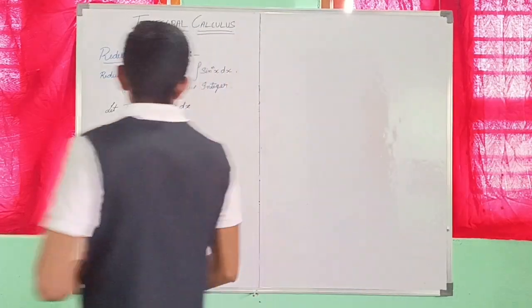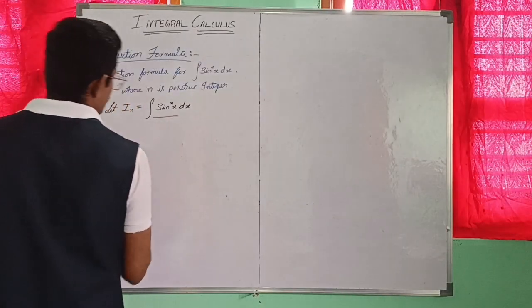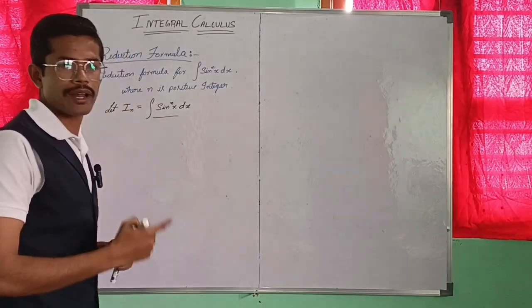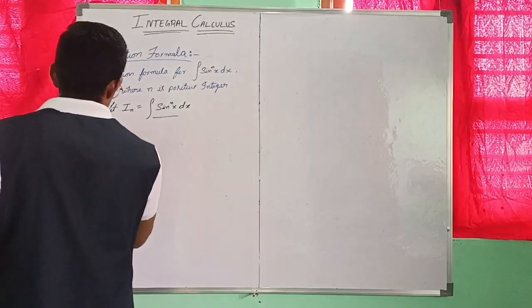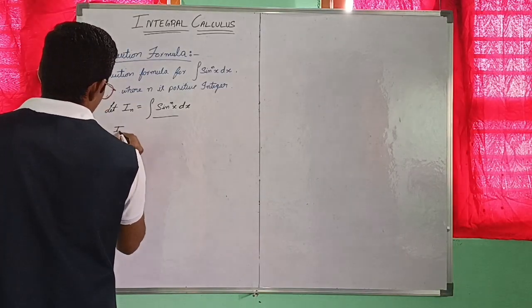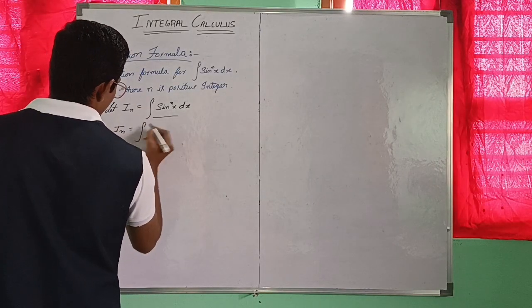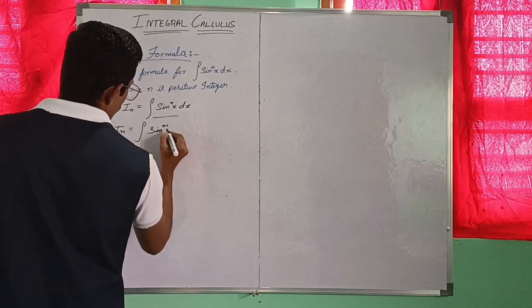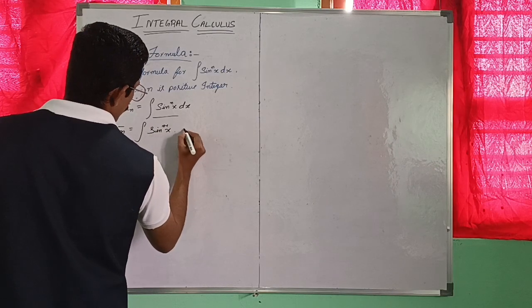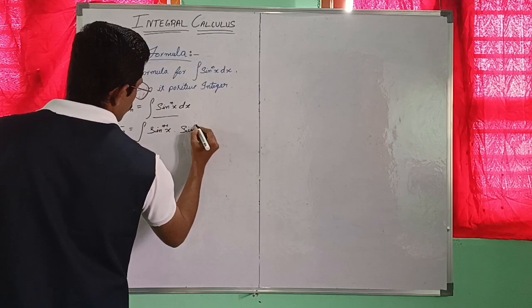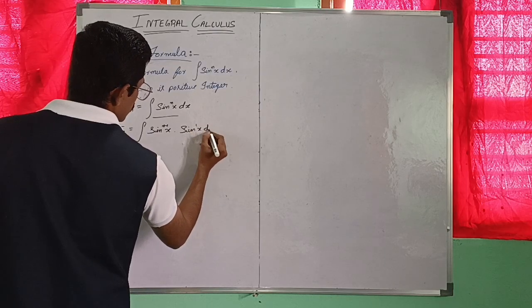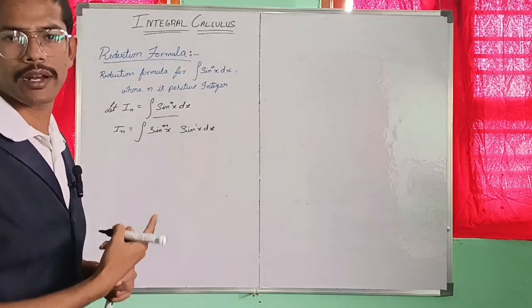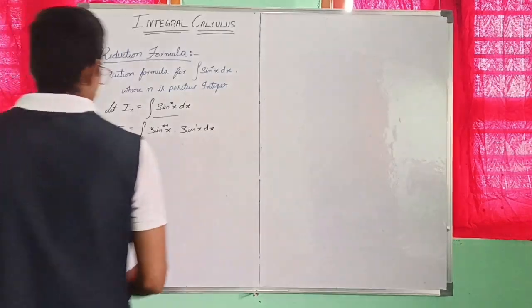Now we can write this integration of sine power n x dx as I_n equals the integration of sine power n minus 1 x into sine power 1 x dx.